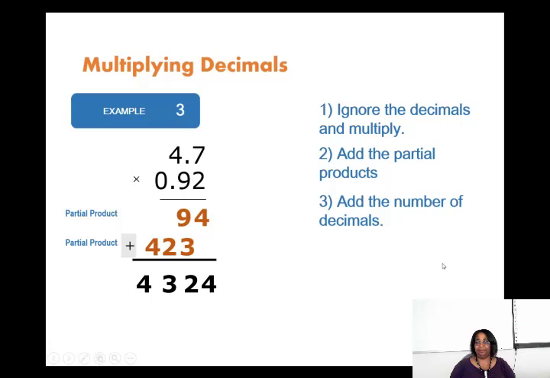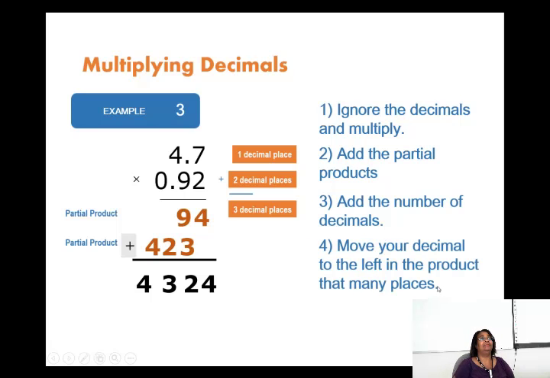Does your answer match mine? Where should I put my decimal? 4.3. Between the 4 and the 3. Yeah. So can somebody read the actual decimal there for me? 4 and 324 thousandths. And make sure that you put that on the end because it's a decimal.